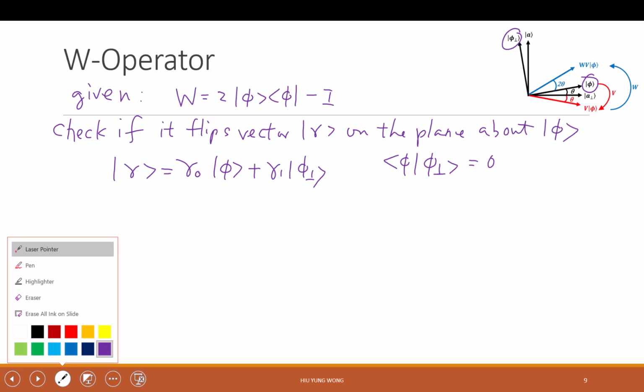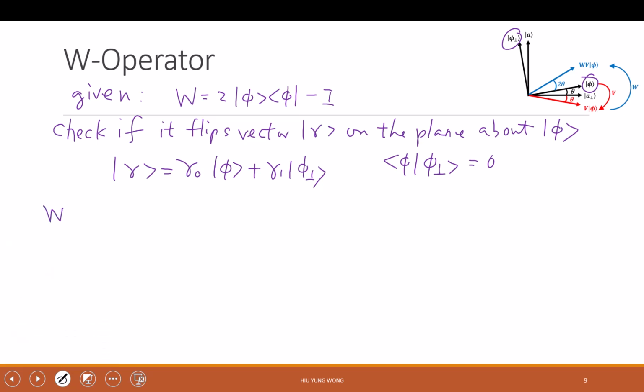And now I'm going to show that W indeed has the function that we want, and we use a very similar method as what we did before for V. So W applied to gamma gives us gamma 0 W phi plus gamma 1 W phi perpendicular. And I forgot to say, of course, gamma 0 squared plus gamma 1 squared equals what? 1, right? Every vector needs to be normalized.